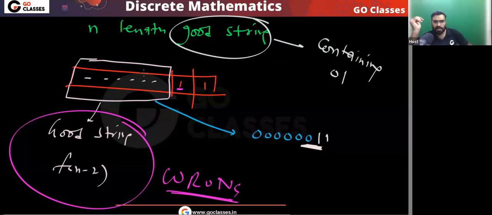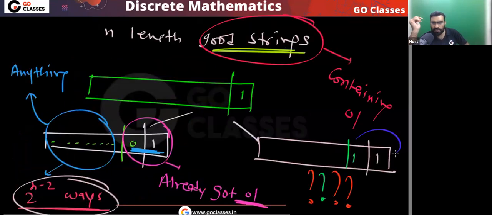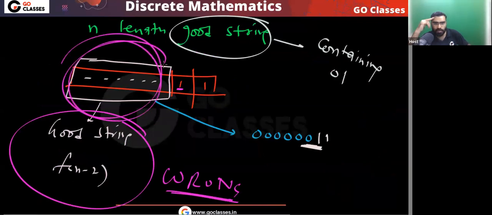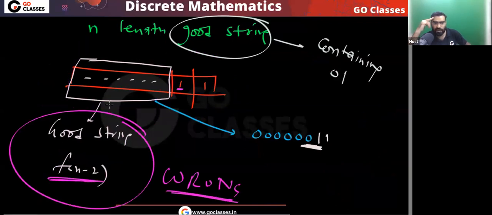See, I am saying that this case, when you are ending with 1, 1, is pending. If you say that here you must have a good string, meaning fn minus 2, I will say this is not necessary, because I can have this.